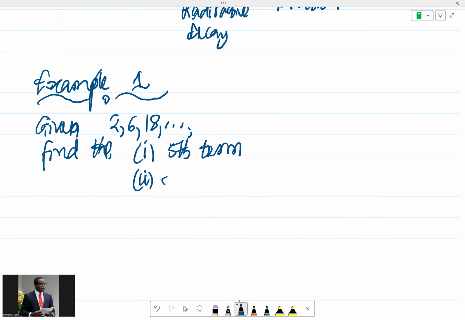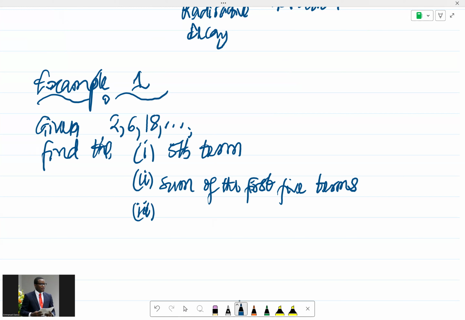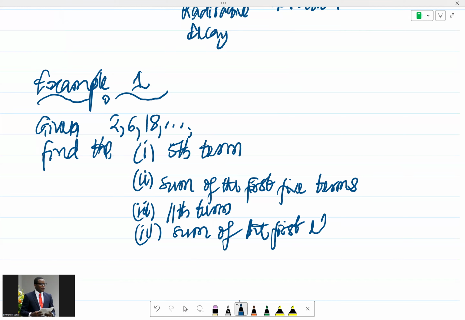Two, find the sum of the first five terms. Three, that's going to be your own to try: find the 11th term. And four, finally, find the sum of the first 11 terms. I'm going to do just one and two, then you can try your hands on the rest.